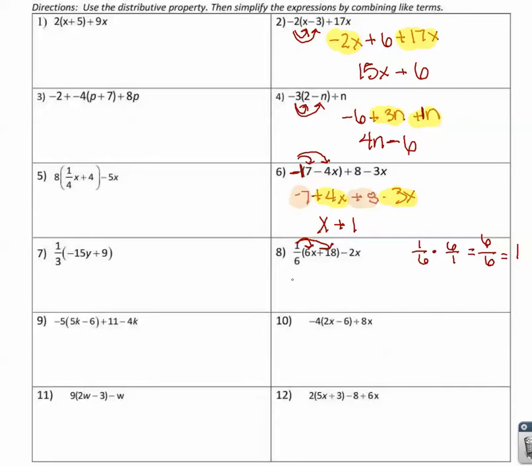So here I get 1x, which is just x. Now 1/6 times 18. You get 18 over 6, which simplifies to 3. So x plus 3. Bring down your remaining terms.